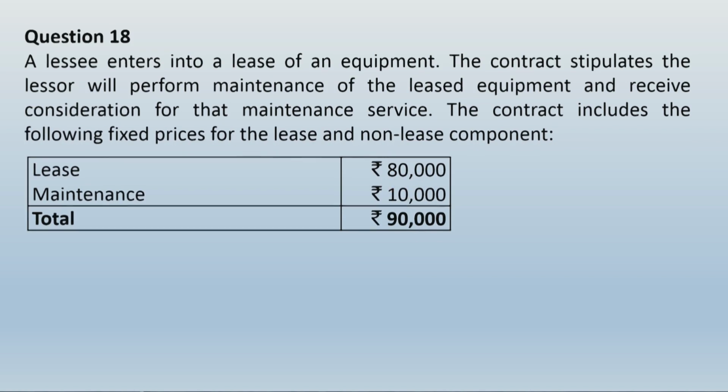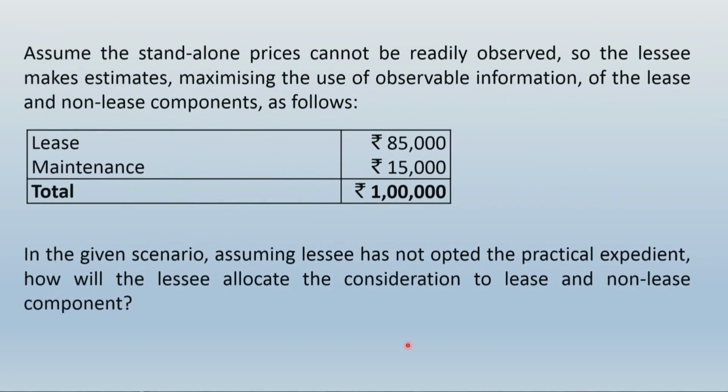In fact, what you shall do is the 90,000 amount shall be divided between lease and non-lease component, that is the equipment and maintenance, in the ratio of their relative standalone prices, or in absence of the relative standalone price information, you have taken the estimates of those standalone prices for these two components.